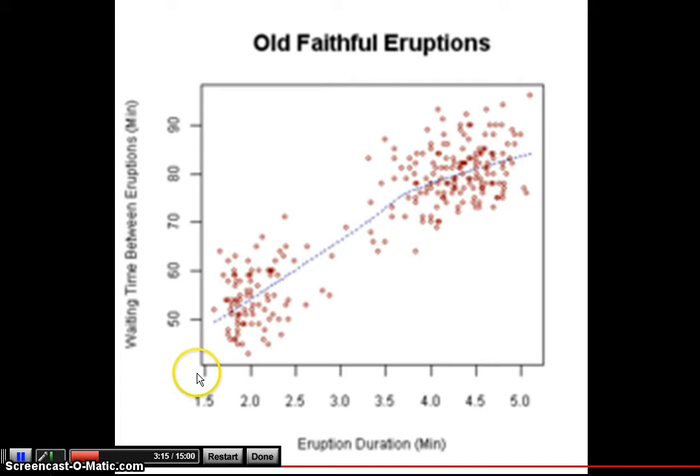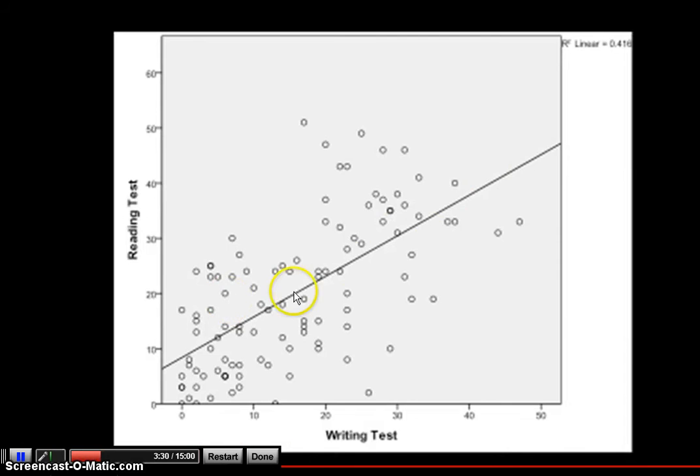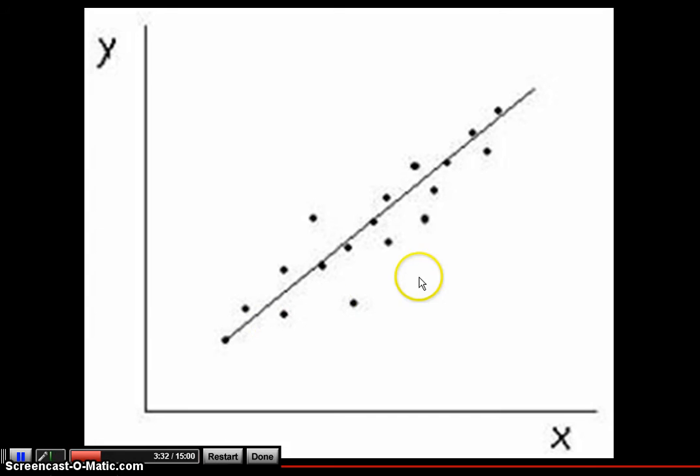If you can describe those in a bit of detail, whether it's linear or non-linear, moderate, weak or strong, positive or negative, those would be what you're looking for at merit. If you could put an equation to one of these, you'd be looking at that to get an excellence.